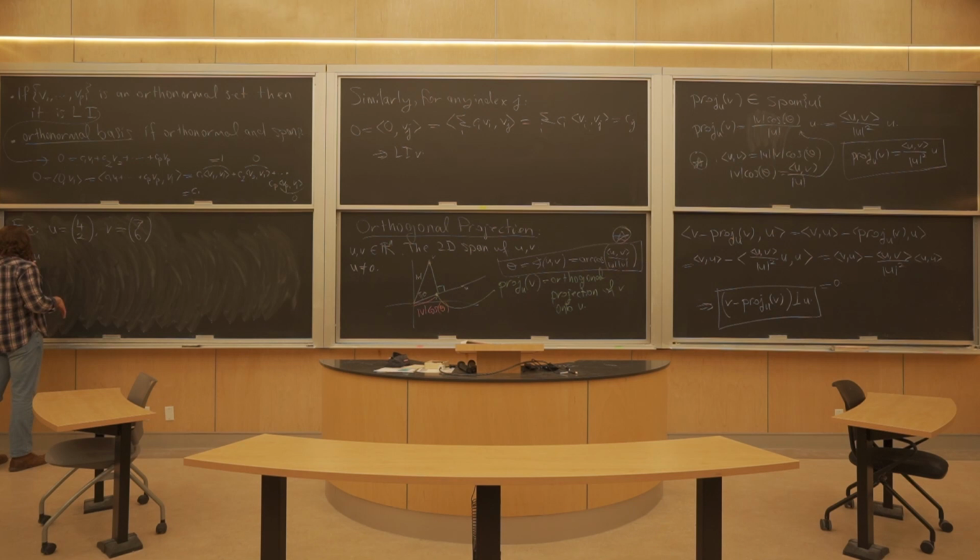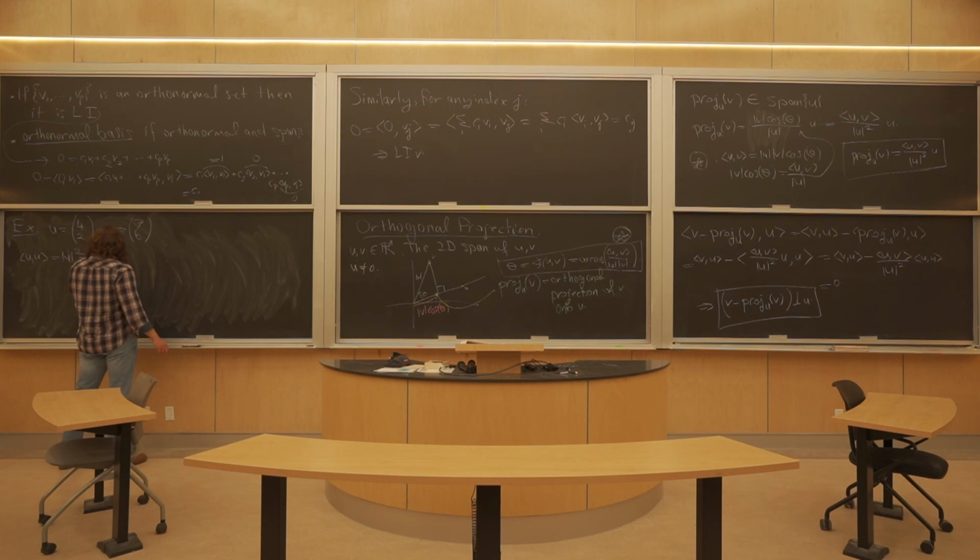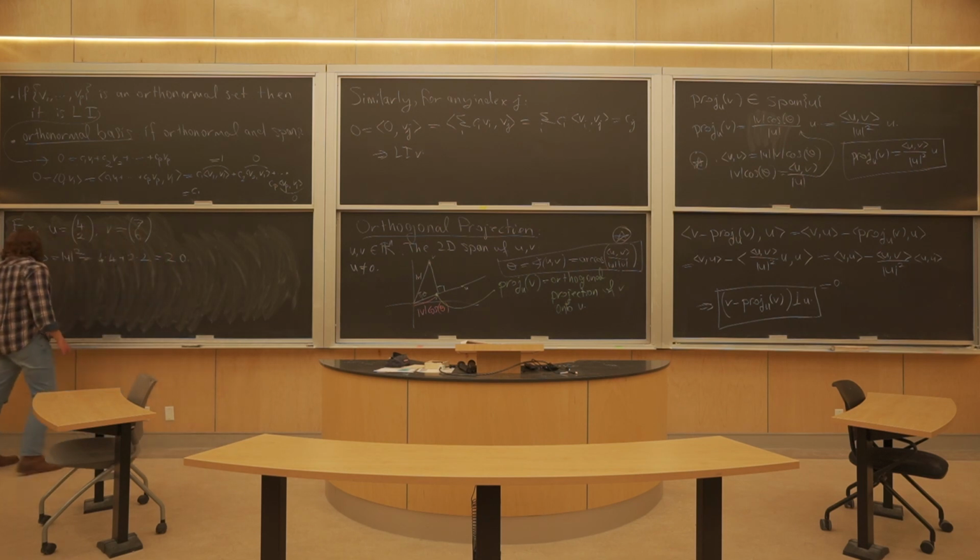So u against u, which is norm squared, is 4 times 4 plus 2 times 2. So that's 16 plus 4, 20. U against v, which is the same thing as v against u. So this by this, so this is 4 times 7 plus 2 times 6.